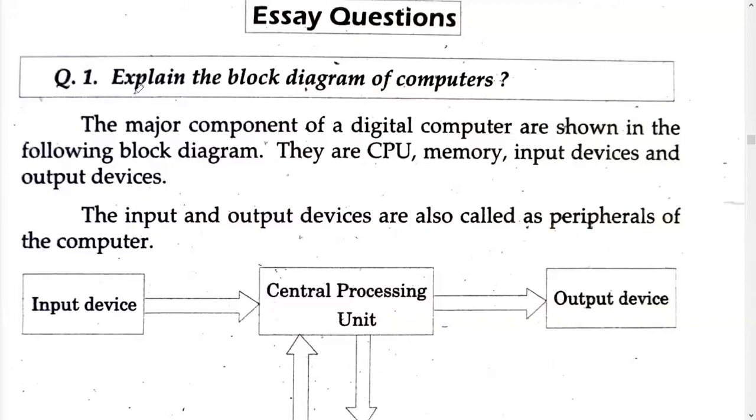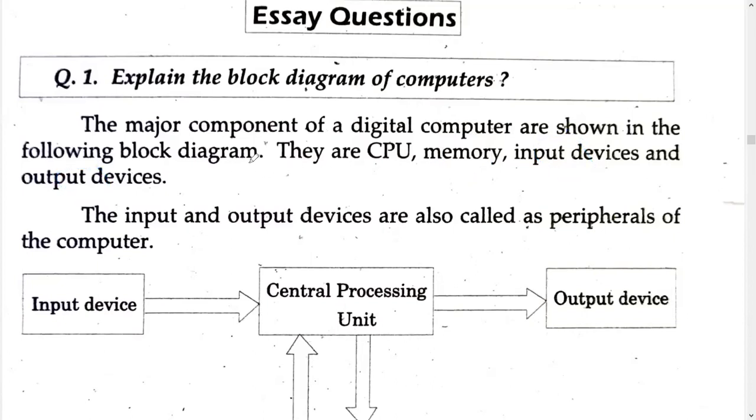So here we have the question, block diagram of computer. The major components of a computer, if you can see, a desktop or a laptop or a mobile phone, everything will have a chipset, memory unit, input devices, and output devices.